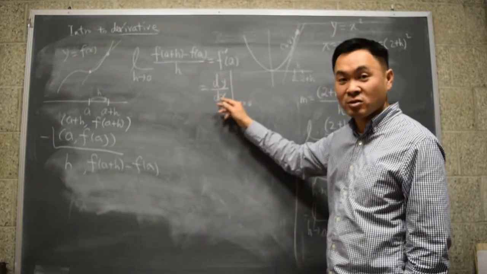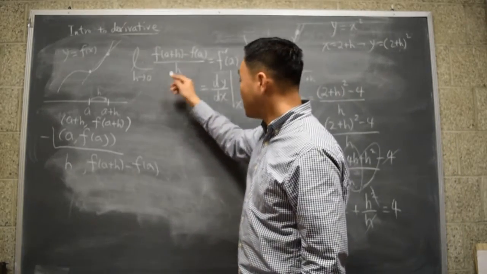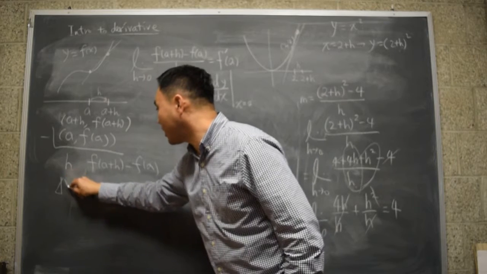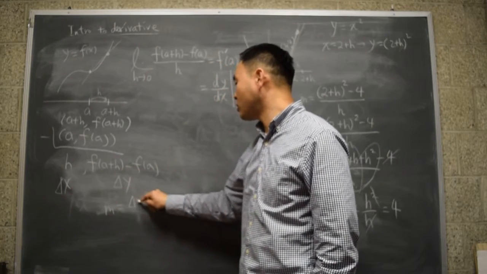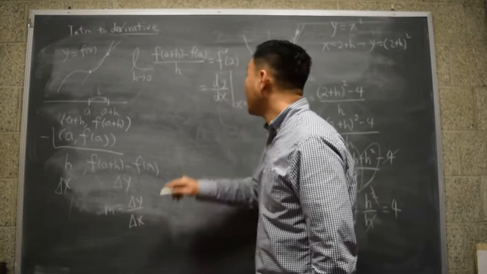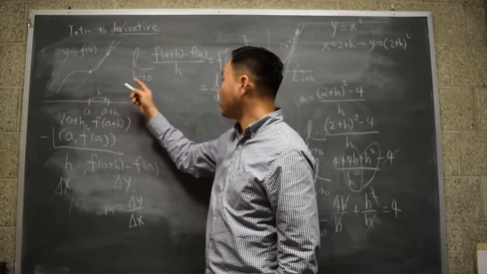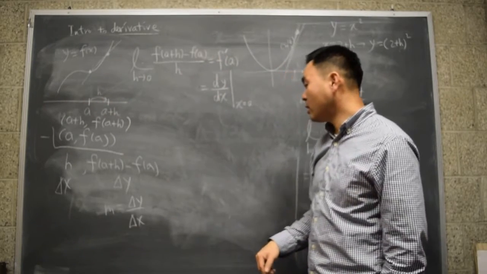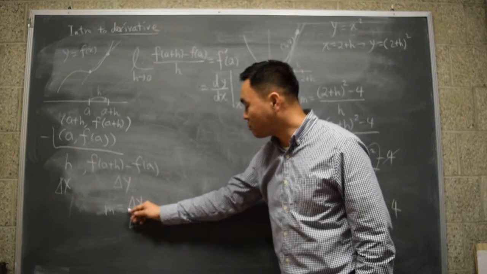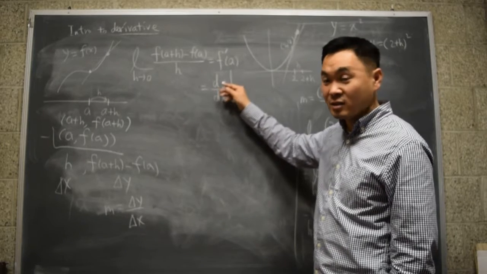Where does this notation come from? Well, this is really the slope, right? This is change of x, that's change of y, and we're getting the slope from change of y over change of x. And because this change of x is really the h, and you're sending change of x to a very small quantity, you're thinking of this capital delta becoming this lowercase d.